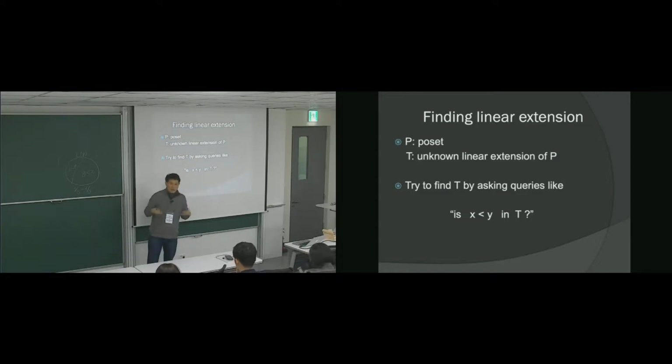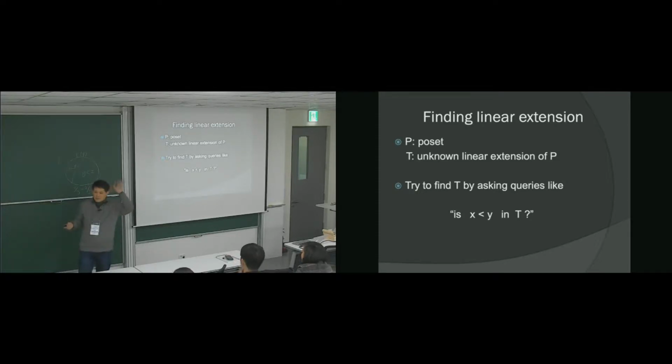I don't ask the same question twice, though you can ask me the same question twice, and then I will answer three times. So, using this kind of query, I try to find your unknown linear extension.